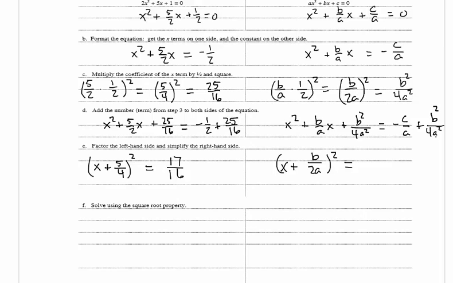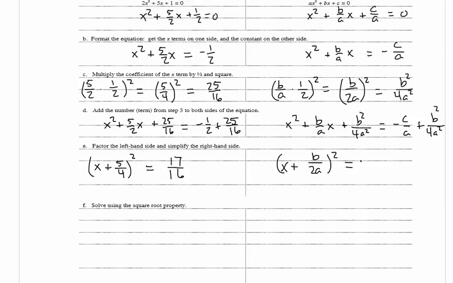And if we had a common denominator of 4a squared, we could rewrite negative c over a as negative 4ac divided by 4a squared plus b squared over 4a squared.